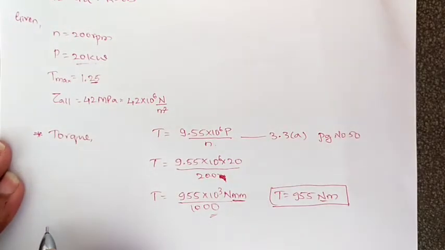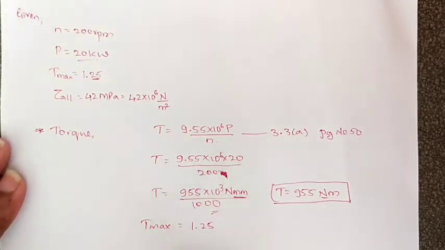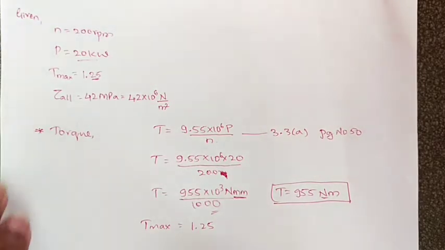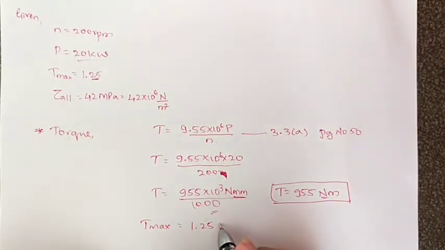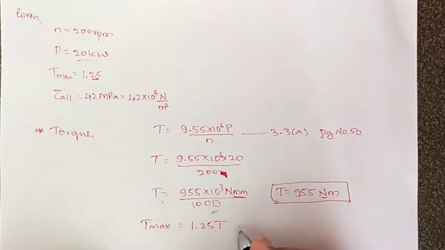Now you have to find out T max, that is maximum torque. When it is given T max, you should find that. So 1.25, because 25% is given, 1.25 you have to take. If it is given 30%, you have to take 1.30. So 1.25 times whatever T value you have found out, you should substitute.